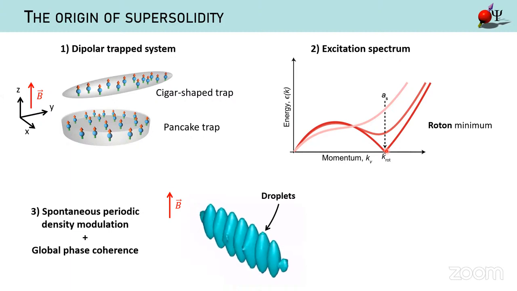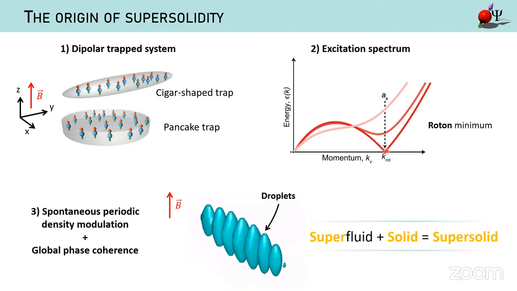And these droplets are not independent from each other, but they communicate and share a global phase coherence. Because of this global phase coherence, the system is expected to have superfluid properties. And because of this periodic structure, at the same time, the system is expected to have solid properties. Combining these two words, we have our state, which is a supersolid.